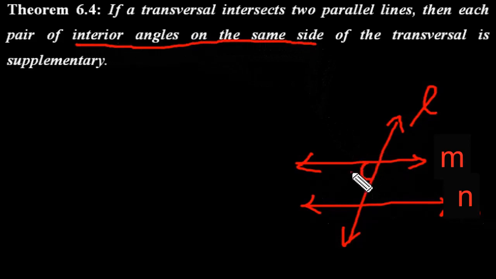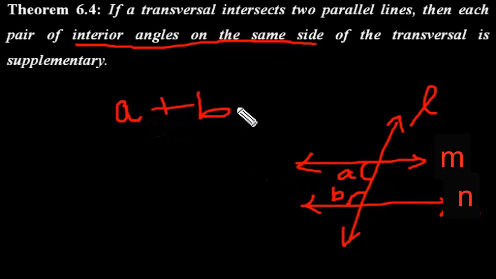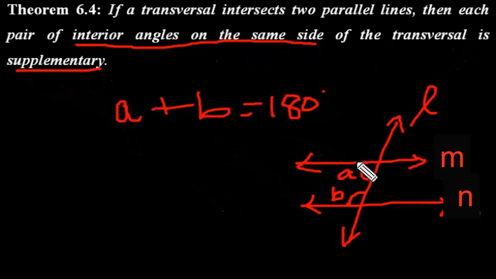Suppose this one is A and this one is B, I am taking the angles on the same side of the transversal. The sum of these two angles will be 180. That is, angle A plus B will be equal to 180 degrees. That's what the statement says. It will always be supplementary. This will happen only if these two lines are parallel. If these two lines are not parallel, then A plus B will not be equal to 180 degrees.